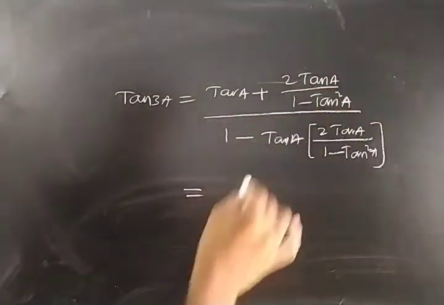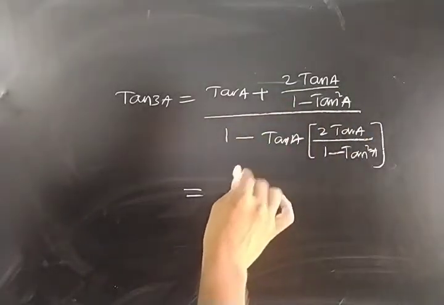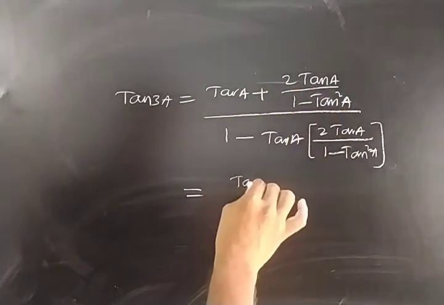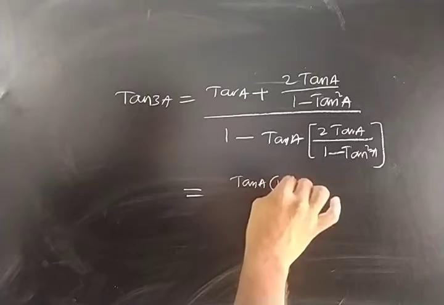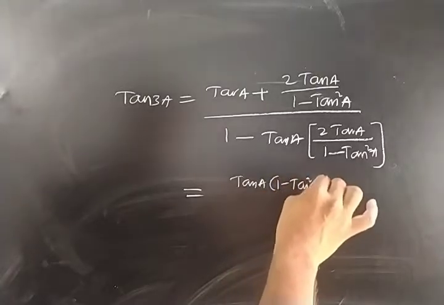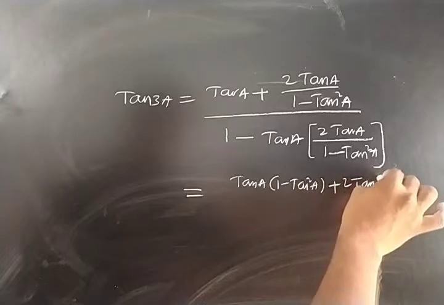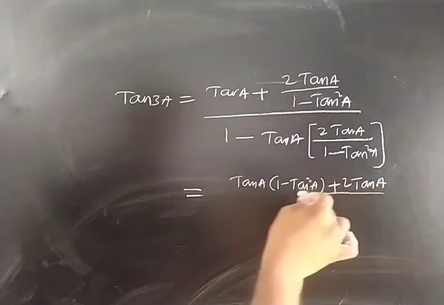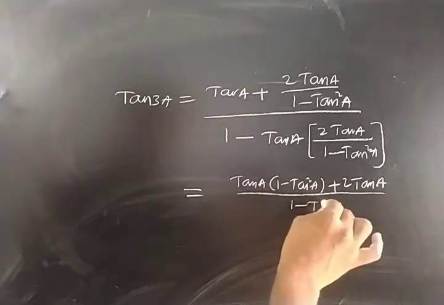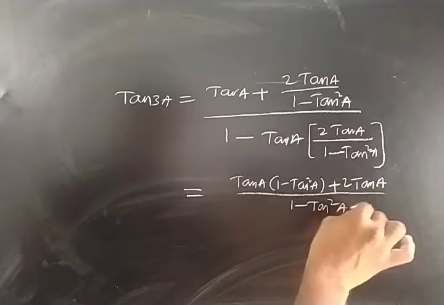In the numerator take LCM. By taking the LCM you will get tan A into 1 minus tan square A plus 2 tan A by 1 minus tan square A, this is the numerator alone.